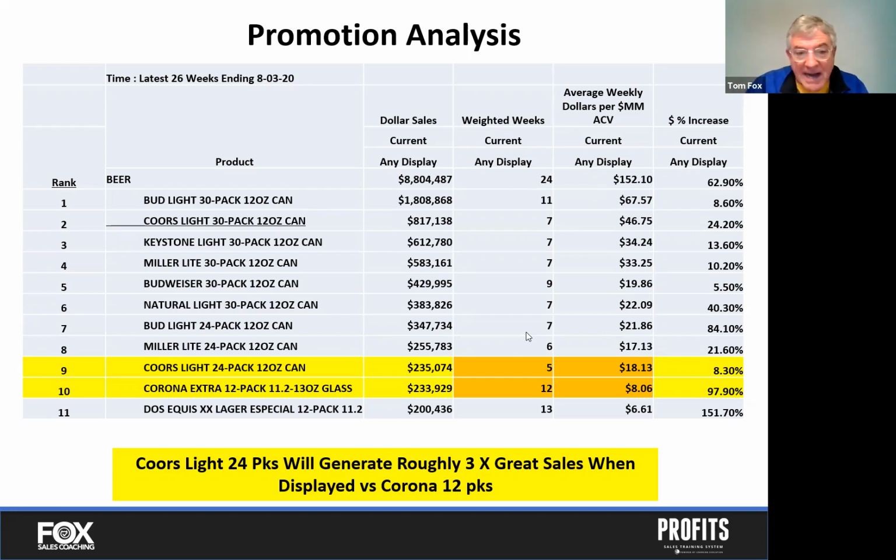The numbers are pretty modest, but you can see Coors Light would generate $18 of that million compared to Corona at only 8, which means the Corona displays are going to sell over two times slower than the Coors Light. From a solution standpoint, if we were to say we can make your displays 2 times, 3 times, even 4 times more productive, you're talking about a significant difference in sales, making your solution pretty compelling. Again, there's a lot more information on this in last month's webinar.